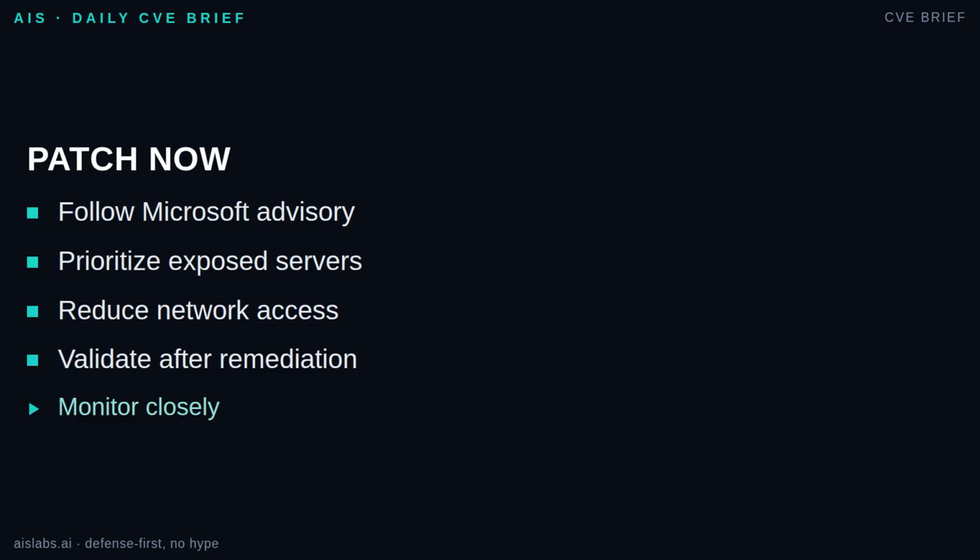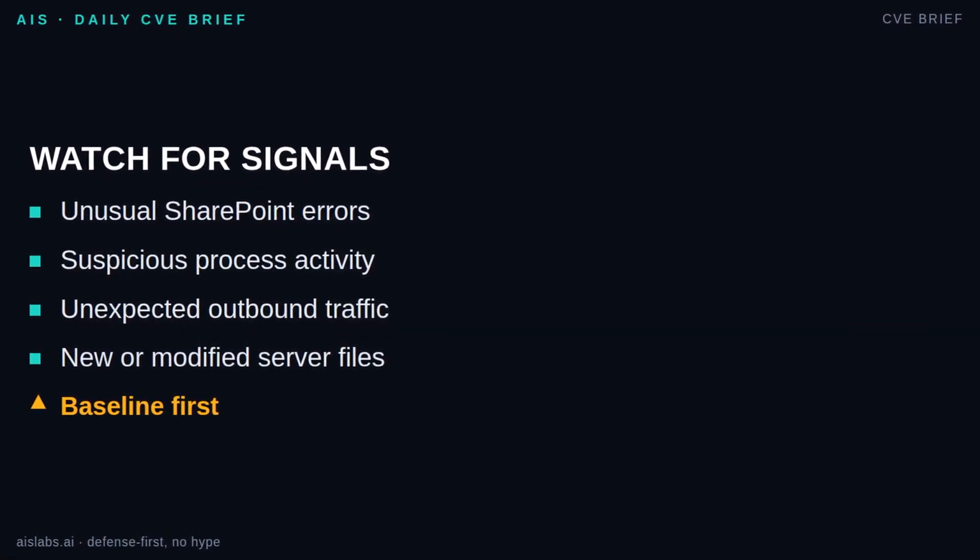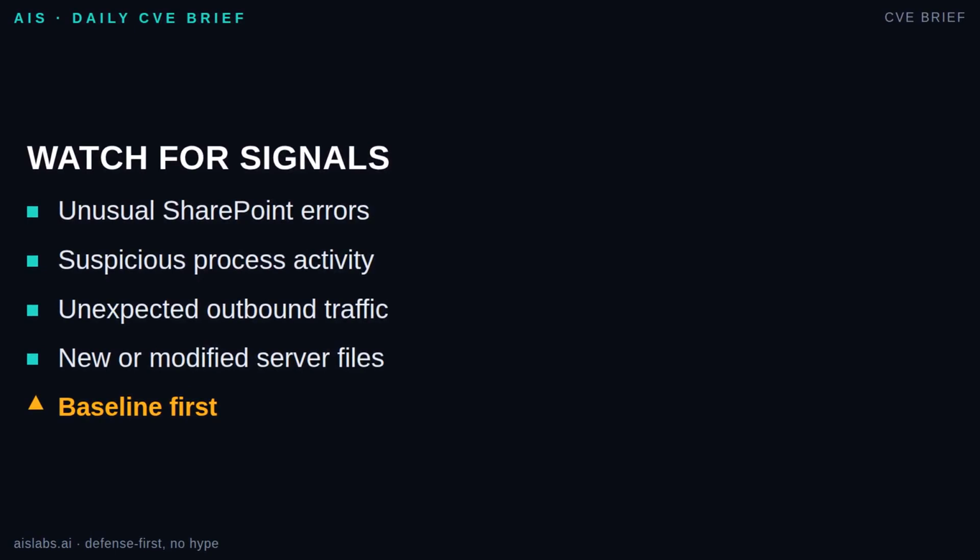For detection and monitoring, focus on deviations from normal SharePoint server behavior. Review web and application logs for unusual request patterns, unexpected bursts of errors, or traffic from sources that do not normally interact with the server. Watch authentication and access patterns too, even though the vulnerability is described as unauthorized, because follow-on activity may involve account use or administrative changes.